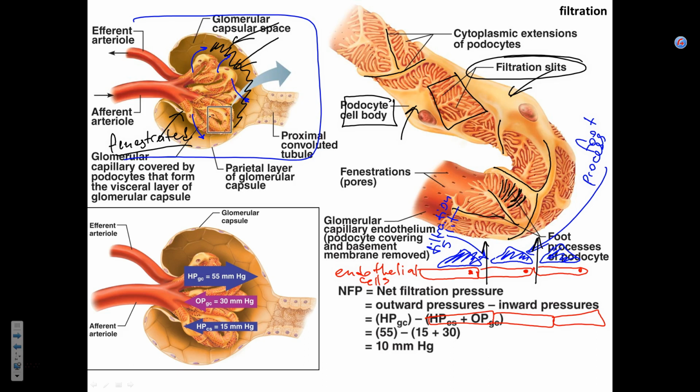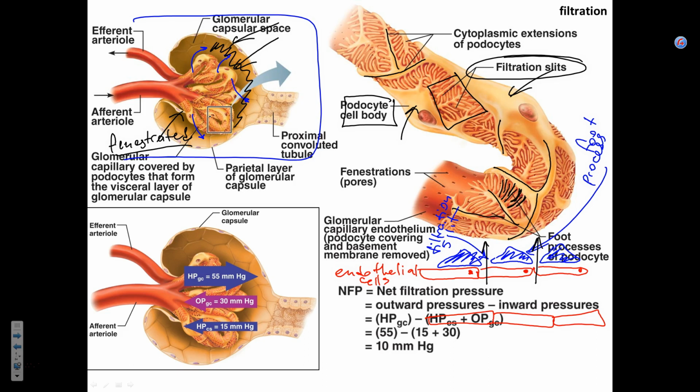Proteins will remain in the blood. Ever heard the term proteinuria? When people have protein, like albumin, in the urine, that's a bad sign. And we'll talk about why in a second. Okay? Does that make sense?